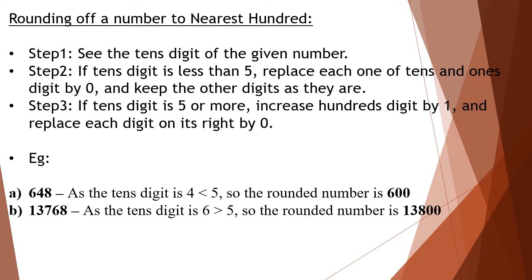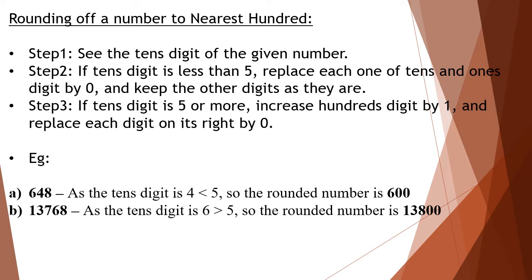Like in 648, the tens digit is 4, which is less than 5. So we are replacing tens and ones by 0 and keeping the other digits the same, so the rounded off number is 600.